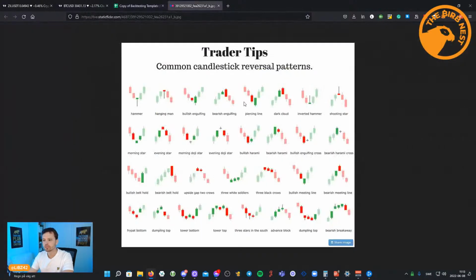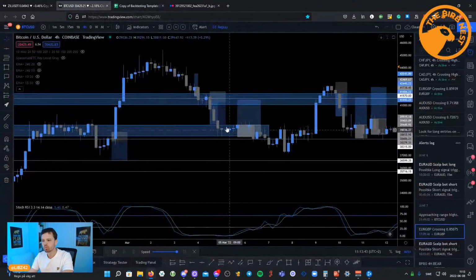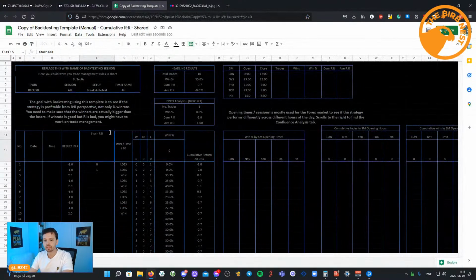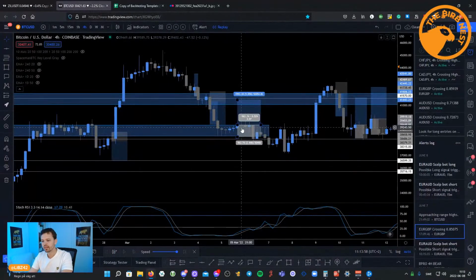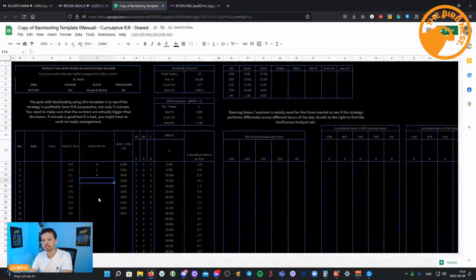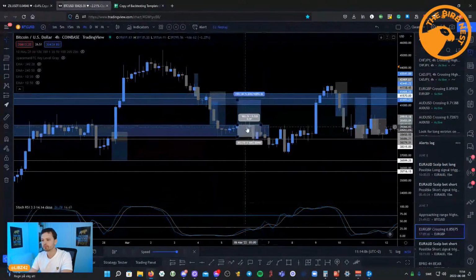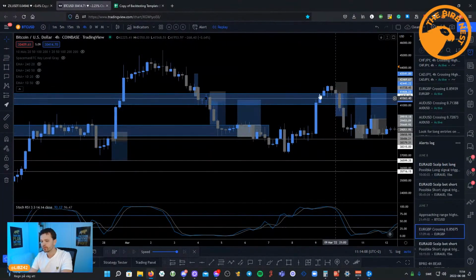The next one, which is a winner, was it confluent with the stochastics RSI? No, not on the 4-hour. So we'll write 4-hour, and it said no. And here it's a yes. And on the next one, yes.